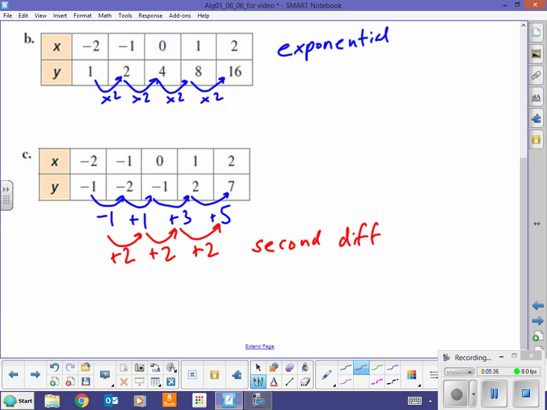And you can see that the second difference here is constant. So this means this is going to be a quadratic. Okay, so second difference is constant, quadratic. So that's new for us.